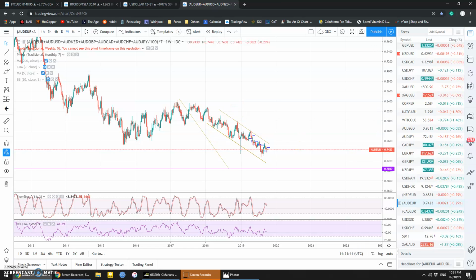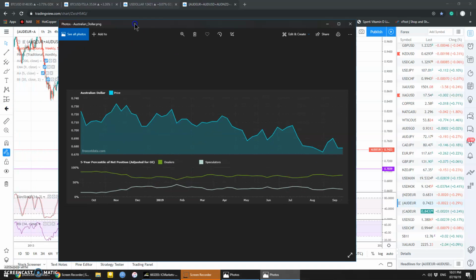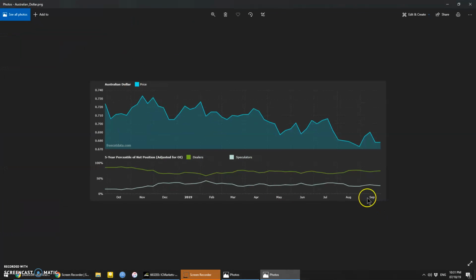However, it's worth noting that in terms of dealers and speculators, dealers are increasing their long positions and speculators are short. Generally, when your dealers are at a very high proportion, closer to 100%, that may be a sign of a turn, or at least a short-term corrective bounce, so to speak.